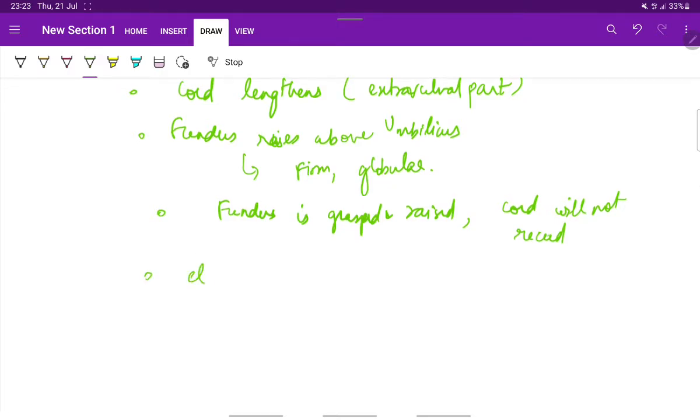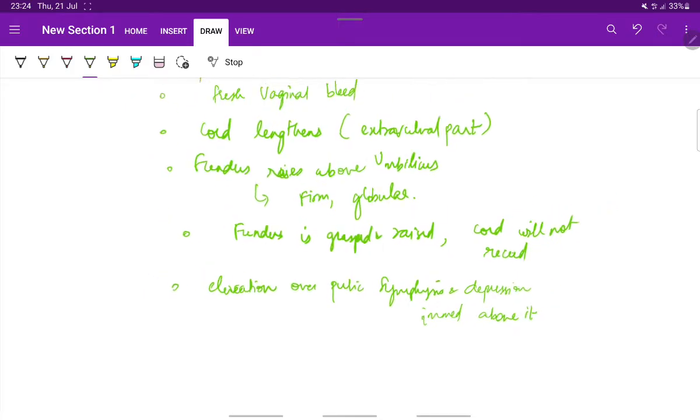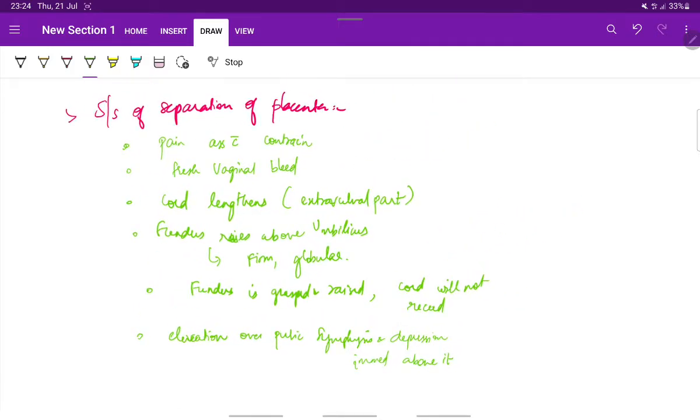Also, there will be a soft elevation over the pubic symphysis, and a depression immediately above it. All these are the signs and symptoms of placental separation.